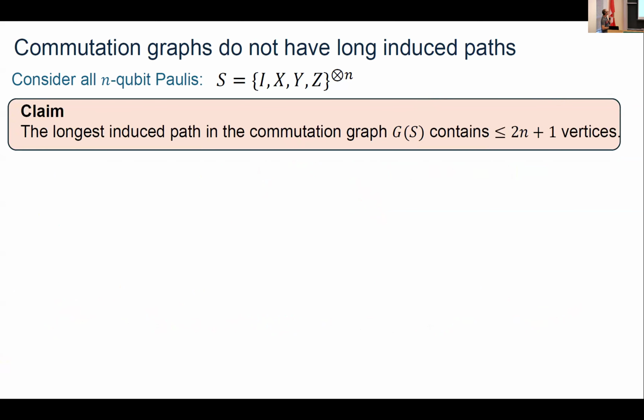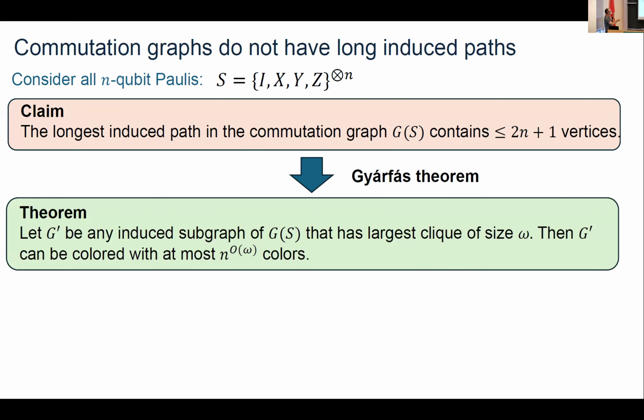Let me show you how you get a protocol from this. The longest induced path in these commutation graphs is not too long. It's at most 2n plus 1. So from Gyárfás's theorem, which says that that family is chi-bounded, we get that any induced subgraph of this graph that has largest clique of size omega can be colored with at most n to the order omega colors.